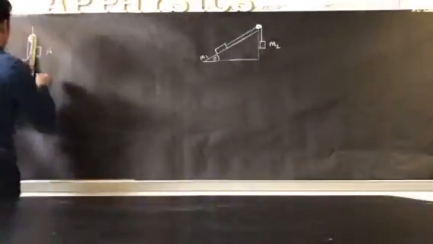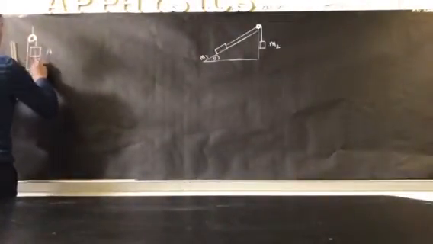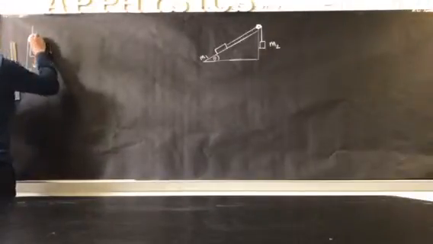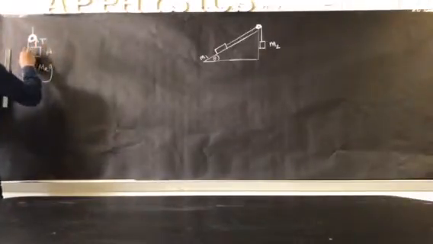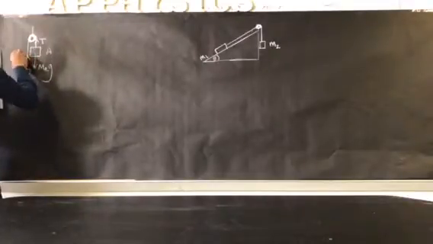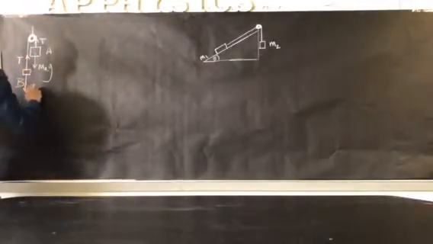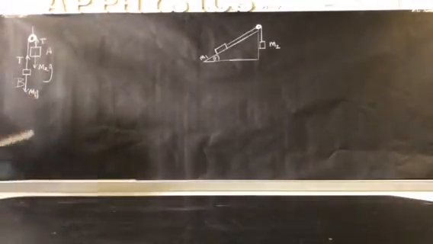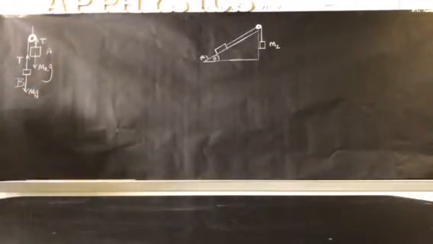For box A, we have the mass due to gravity, mg, and there is another force of tension there. Block B also has a force of tension, and block B's mass times gravity, which is the weight of block B.